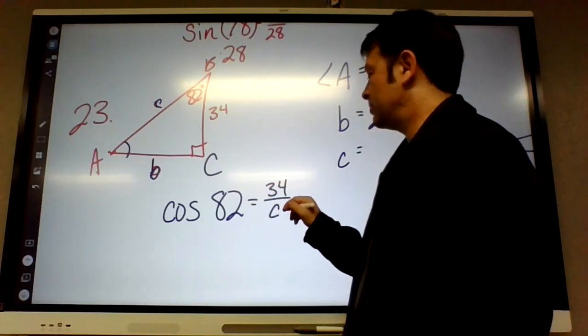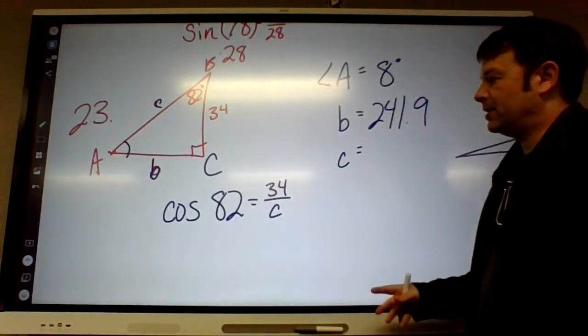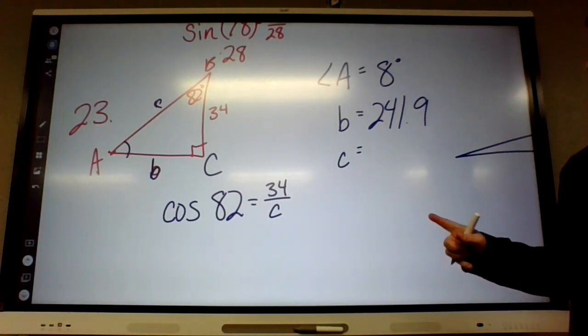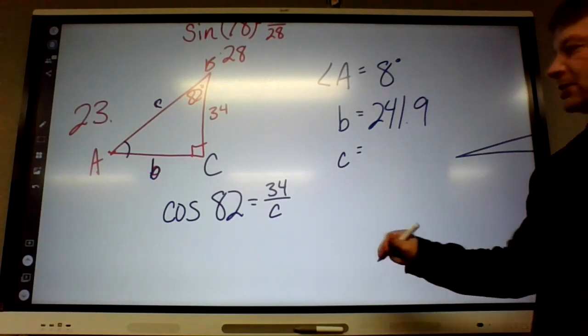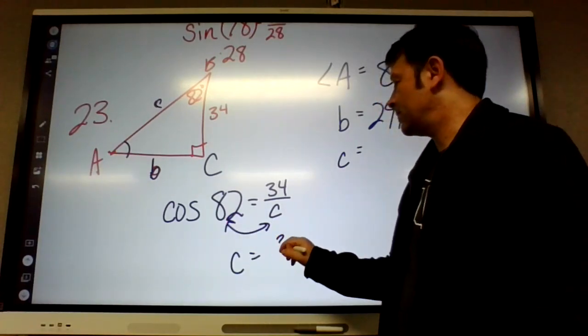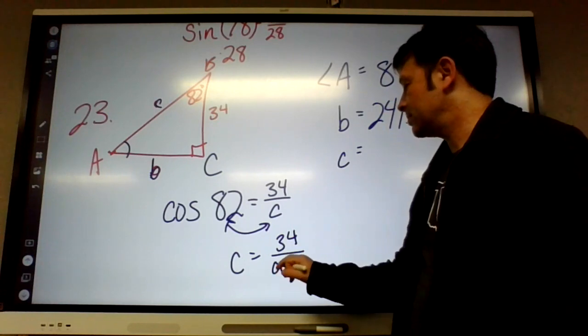So I got 34 over C. Okay, it's been a while since we've done this. What do we do when the variable is in the denominator? You just flip it. Switch these two. So C equals 34 divided by cosine of 82.